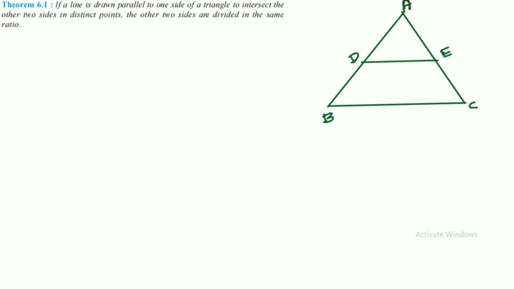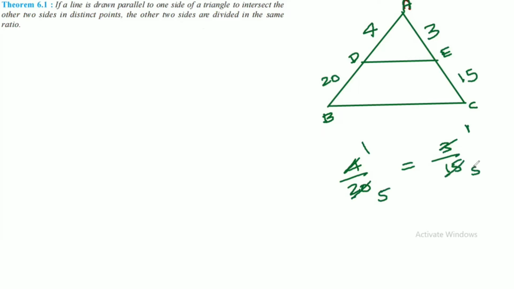For example, what we mean to say is, for example, this is 4 and this is 20. Then if this is 3 and this is 15, then divide this and this. 4 by 20 will be equal to 3 by 15, meaning 4 ones are 4, 4 fives are 20, 3 ones are 3, 3 fives are 15.